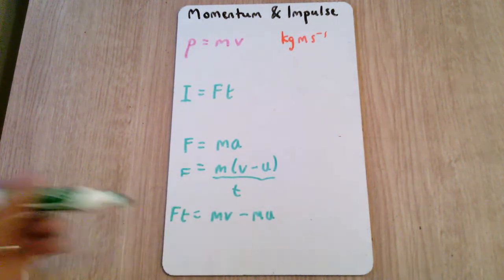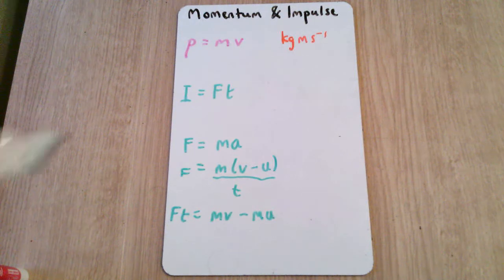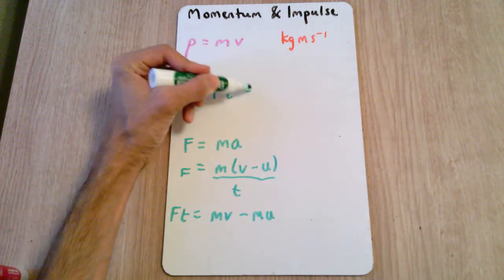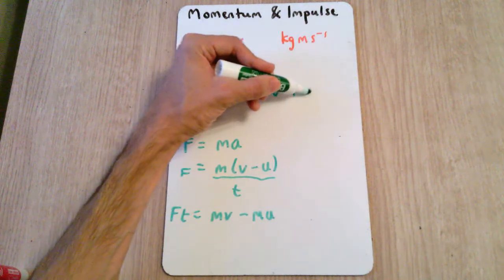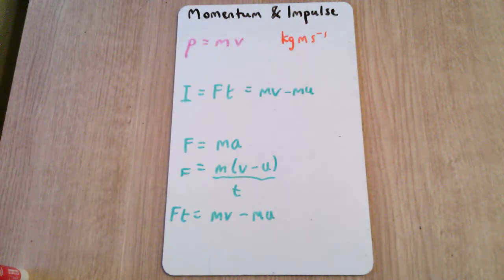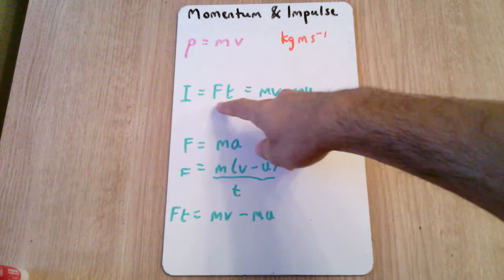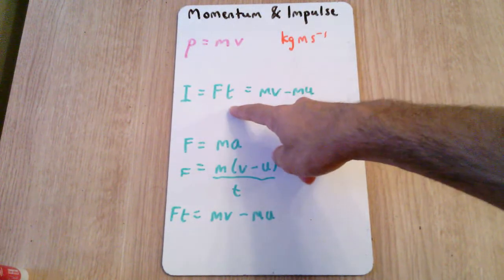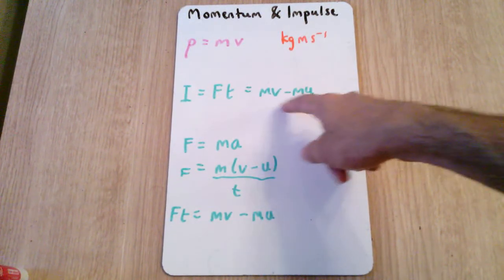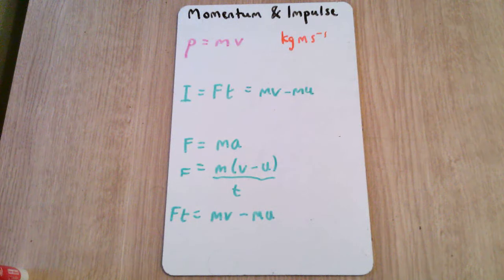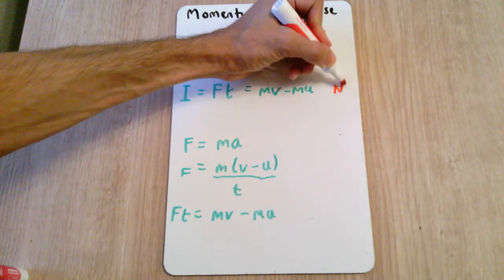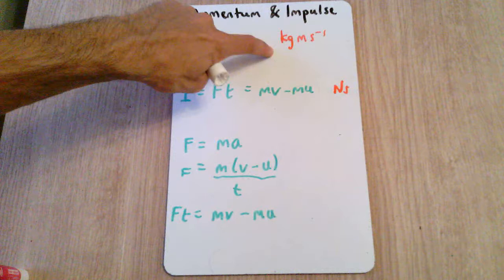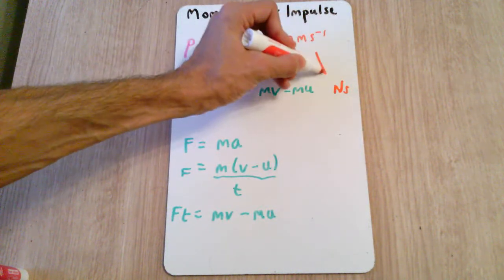And that is the same as Ft, which means that impulse is also equal to mv minus mu, or the change in momentum, which simply means that the units of impulse are Newton seconds. And actually, those are the same units for mv and mu as well, just written in another way. So impulse has the units Newton seconds, but it technically could also have the units kilogram meters per second. So these are interchangeable.